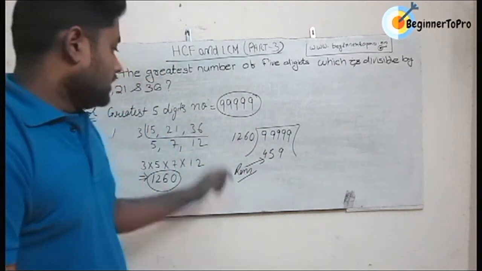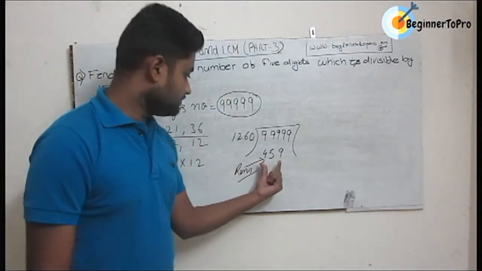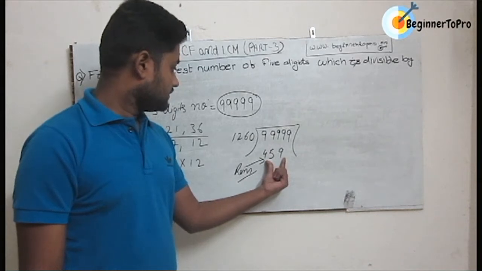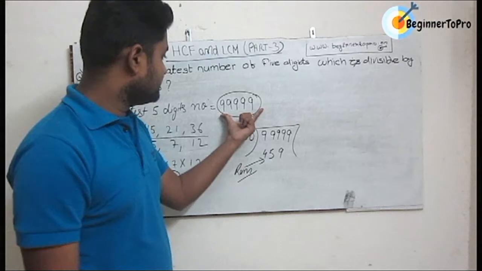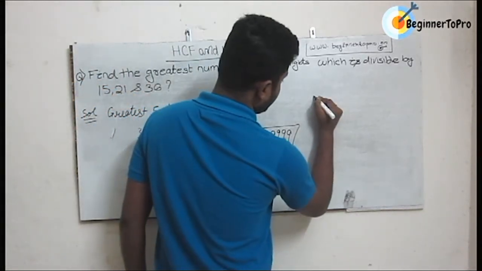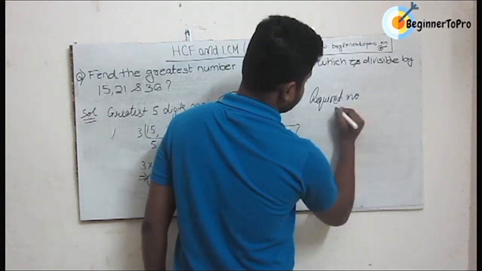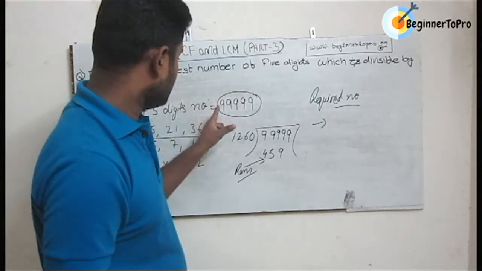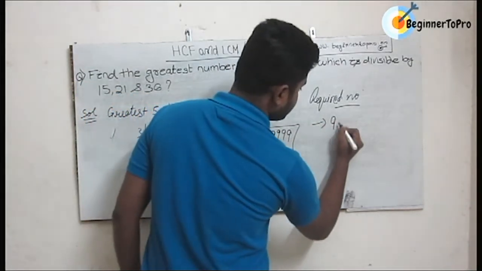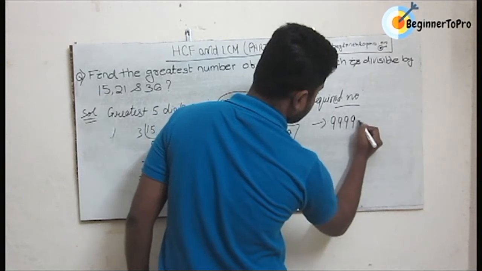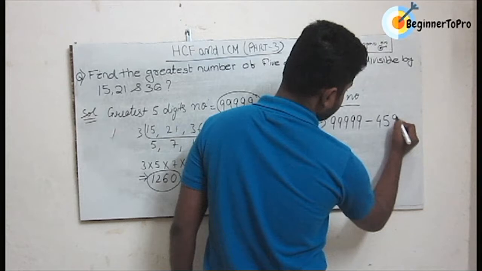Now, what will be the required greatest 5-digit number? Simply, whatever the remainder is, subtract this remainder from the greatest 5-digit number. To get the required number, what we need to do is subtract from the greatest 5-digit number, which is 99999 minus 459.